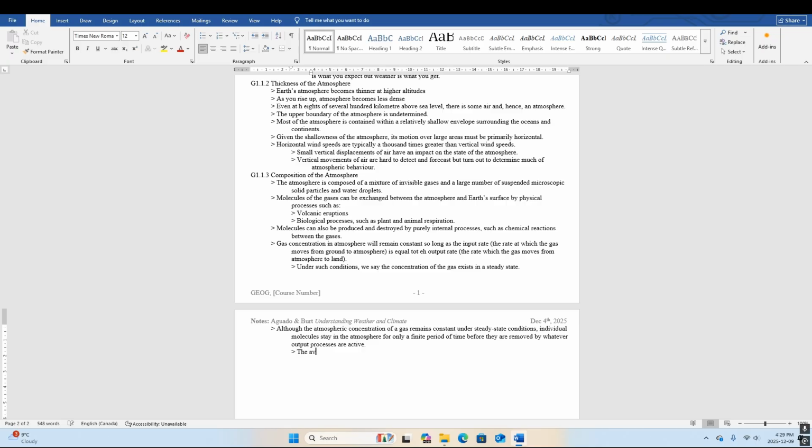The average length of time that individual molecules of a given substance remain in the atmosphere is called the residence time.